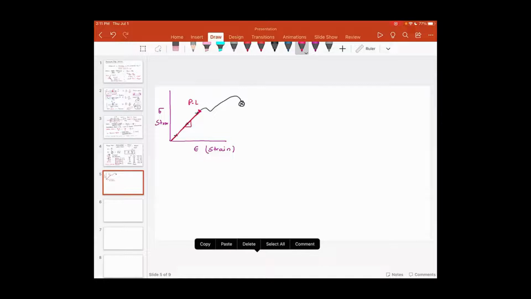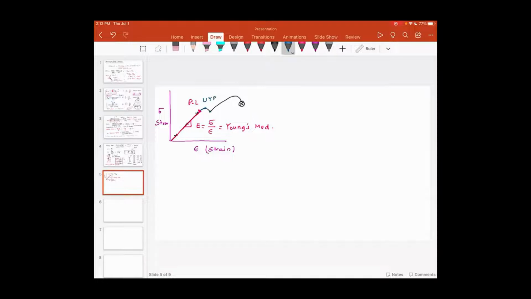And the slope of this line, E, is nothing but sigma divided by epsilon, which is nothing but Young's modulus. Then after this proportionality limit, the stress strain relationship is no longer linear and you would see a little bit of curvature. And what happens is you would notice something called as the upper yield point.